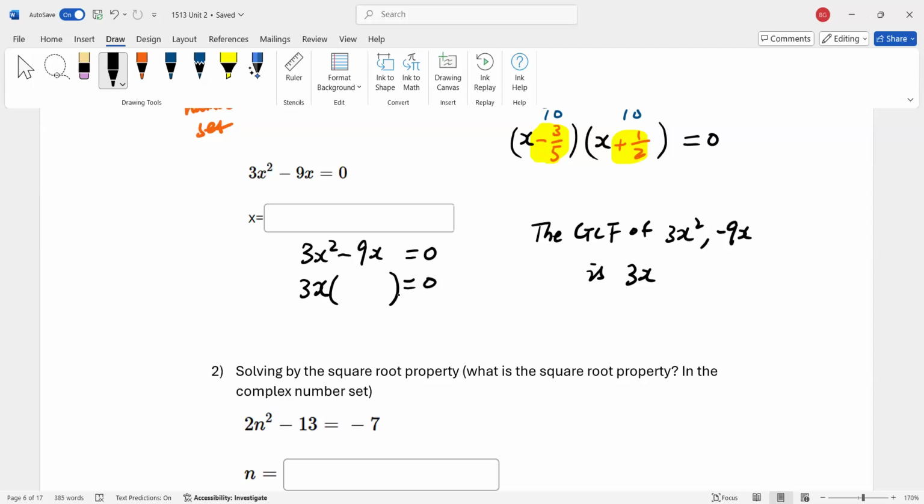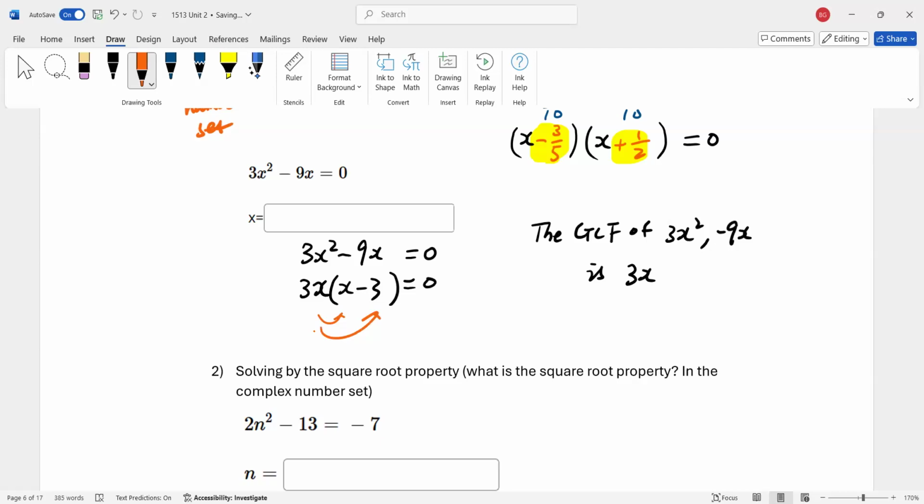I also have the video in my video set. Some response? So far, so good? Yes, I agree. Okay, 3x. So if we factor 3x out, what's going to be inside the parentheses?